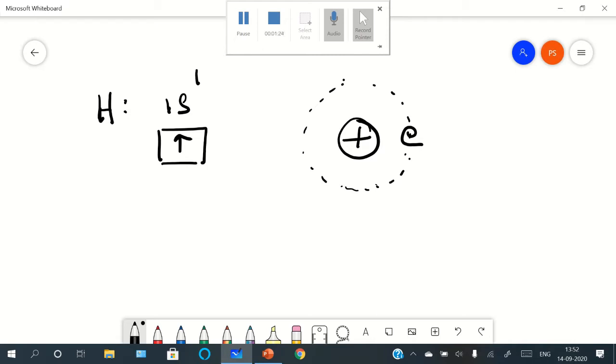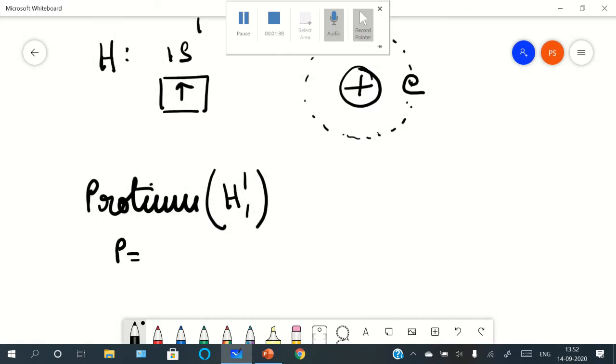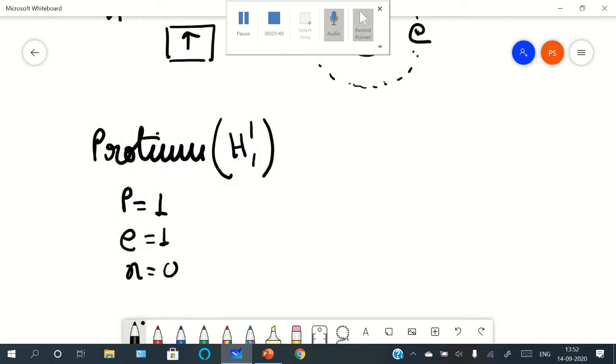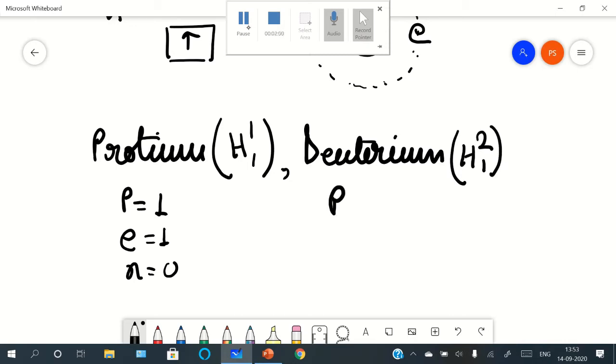There are three isotopes of hydrogen that exist in nature. Protium: the number of protons in protium is 1, number of electrons is 1, and number of neutrons is 0. The second isotope of hydrogen is deuterium, H21: number of protons is 1, number of electrons is 1, and number of neutrons is also 1.